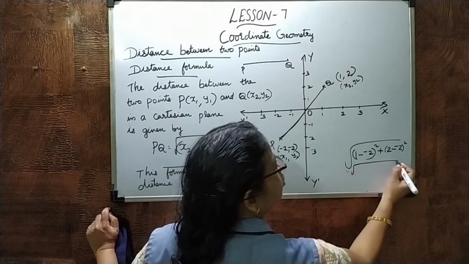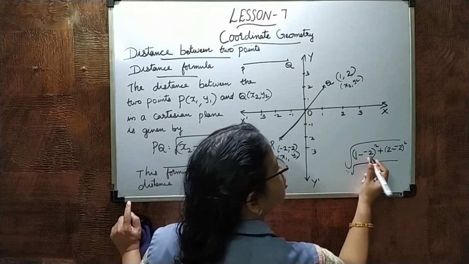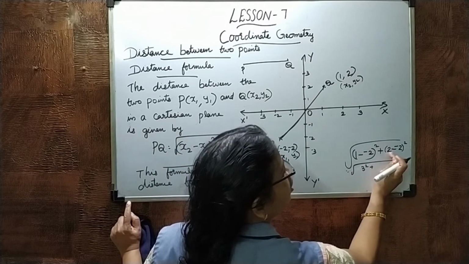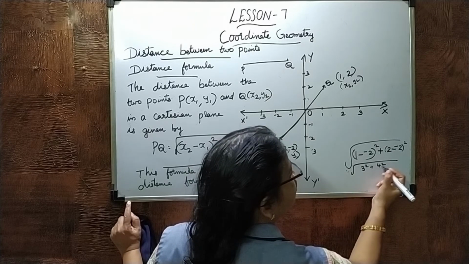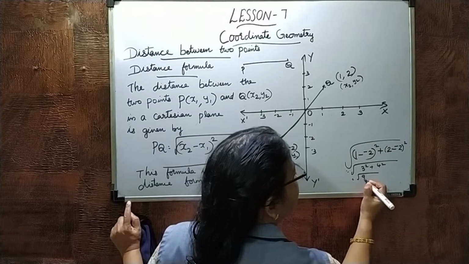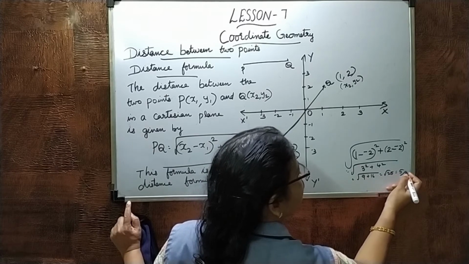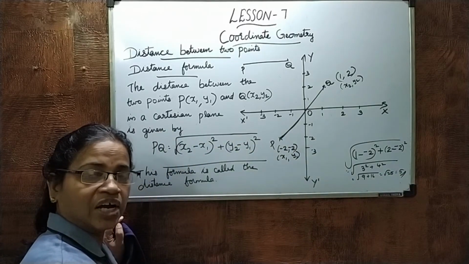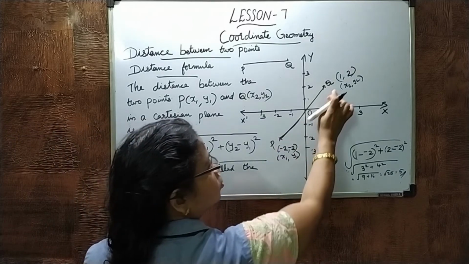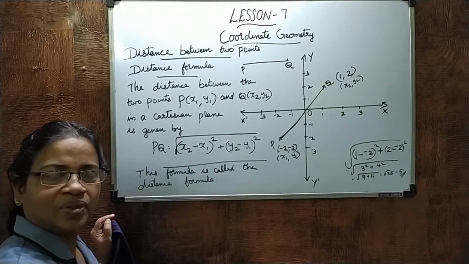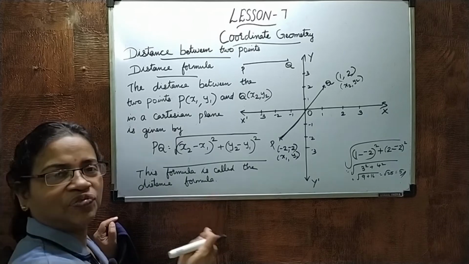So it will be root of 1 plus 2, which is 3 square, plus 2 plus 2, which is 4 square. You will get 9 plus 16, root 25, and the answer 5. 5 units will be the answer between these 2 points P and Q. Clear? So this is the way you can find it out.